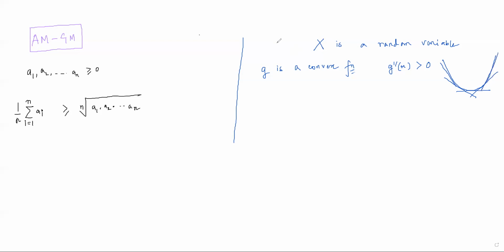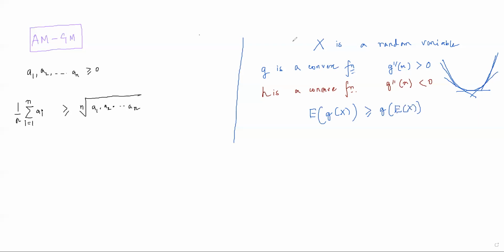If g(x) is convex, and let's say h is concave, the other way around, g double dash x is less than 0, then this holds. Expectation of g of X, the random variable X, is greater than or equal to g of expectation of X, since g is convex.